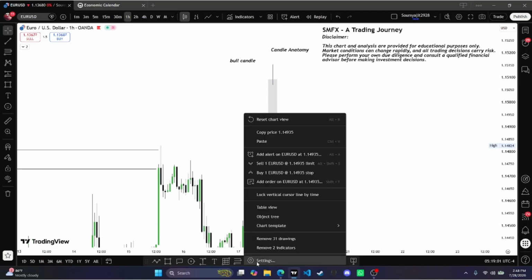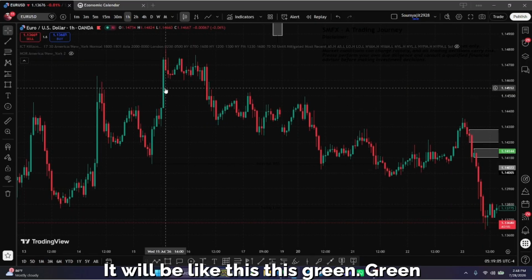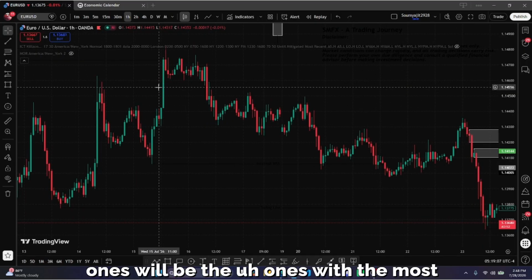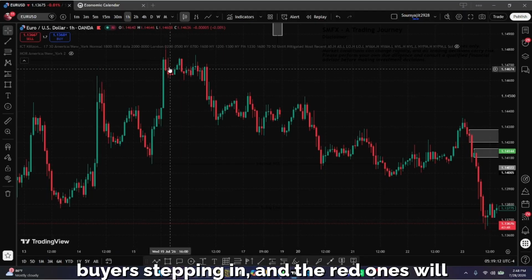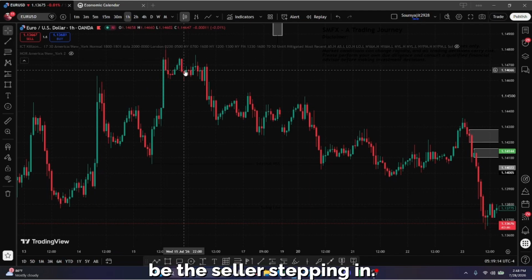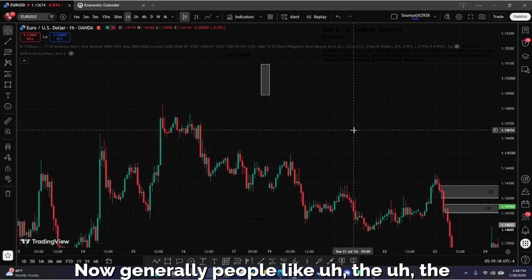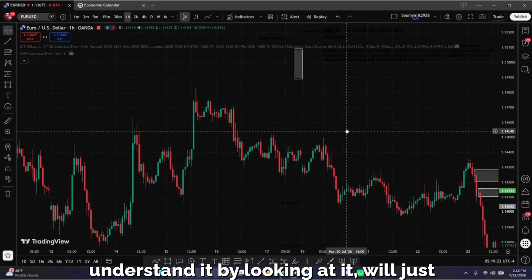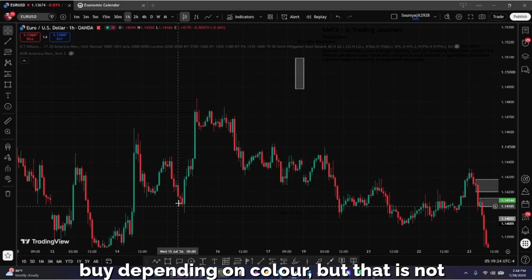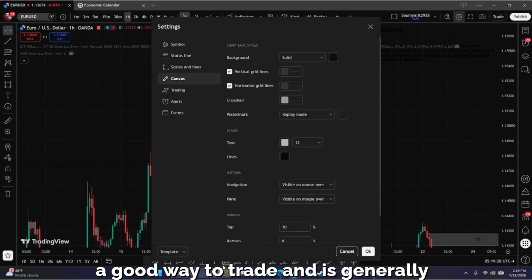The green ones are the ones with the most buyers stepping in, and the red ones are the sellers stepping in. Generally, people who have just come to the market and try to understand it by looking at it will just buy depending on color, but that is not a good way to trade, and is generally considered gambling.